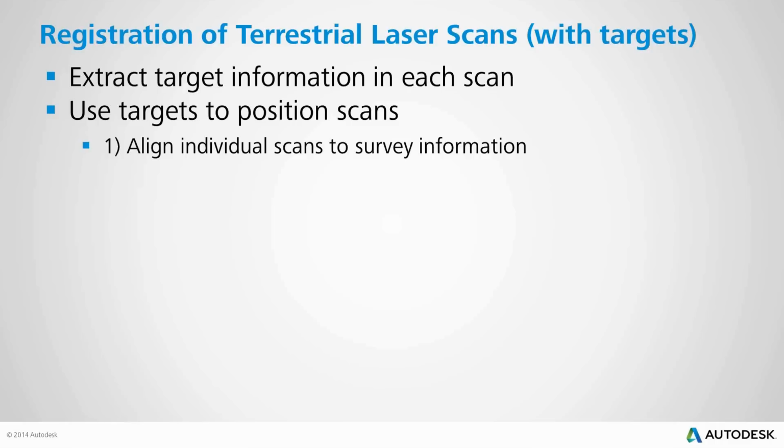Initially, a lot of people were using survey information, so the surveyor goes and captures the location of each of these targets in some reference frame, maybe a building reference frame. And then once we have that information about those individual scans in that reference frame, we can take the individual targets from each scan and snap these scans into that reference frame as you go.